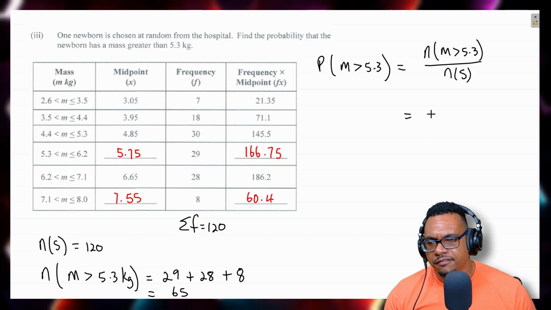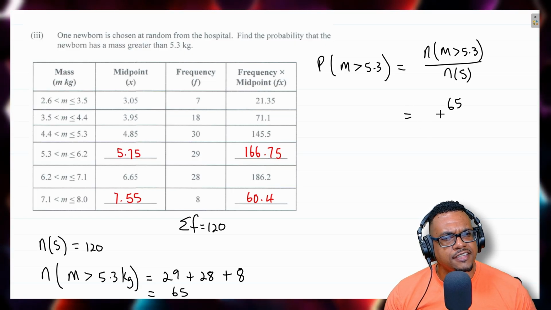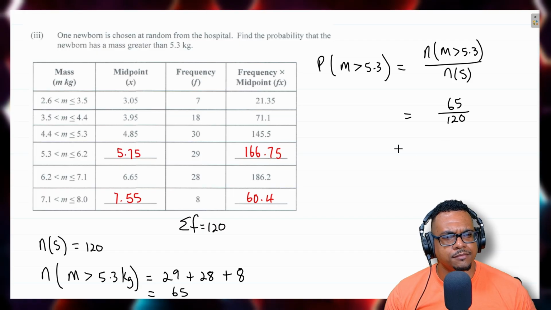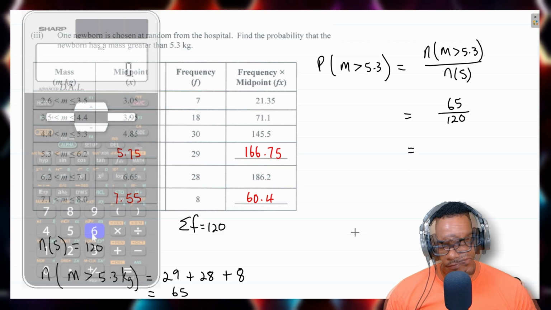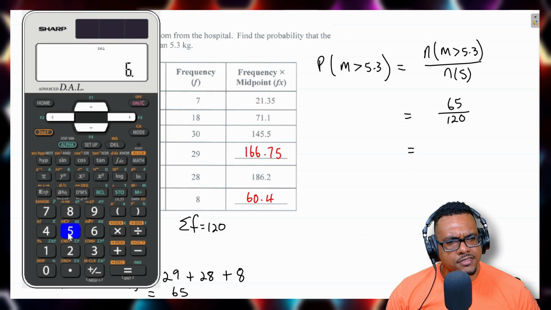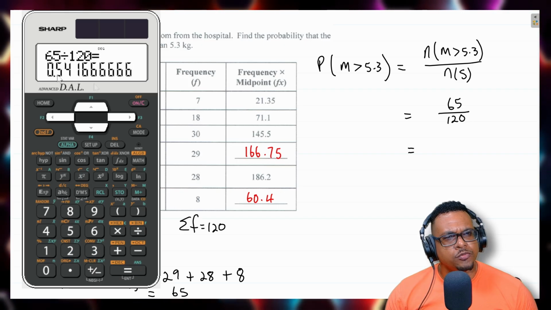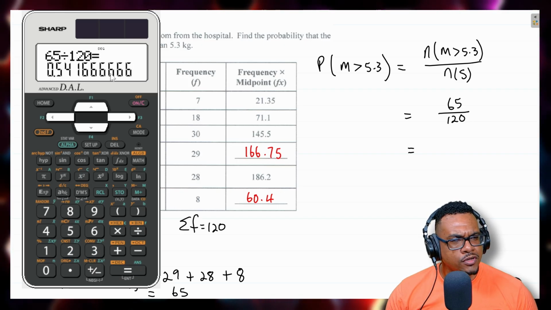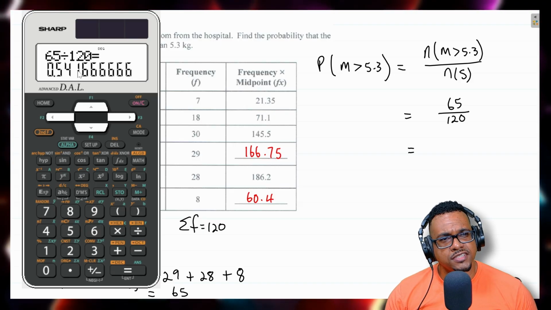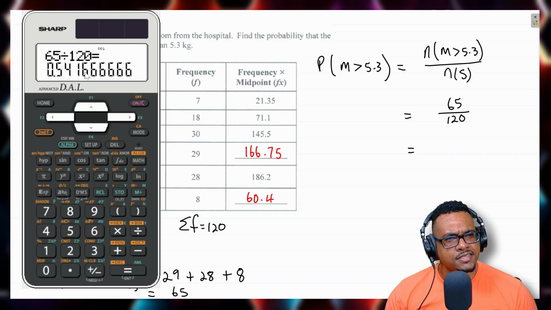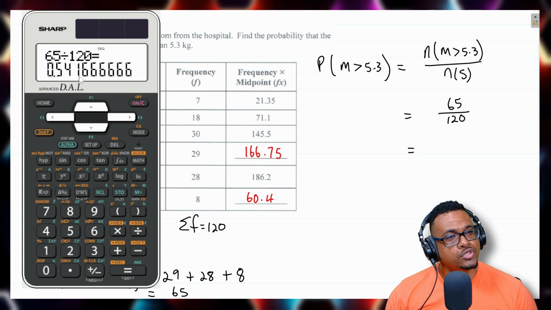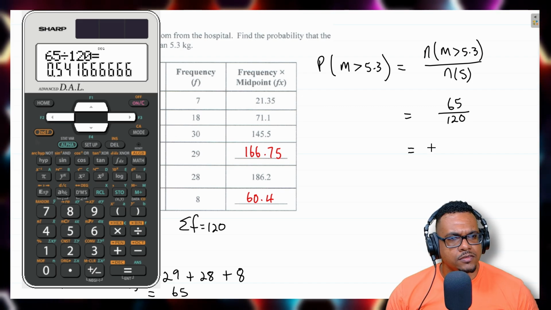So we're going to have 65 divided by 120. So we get 0.541 and so on. To three significant figures, we stop at the 1. After the 1 is a 6, so you have 0.542.